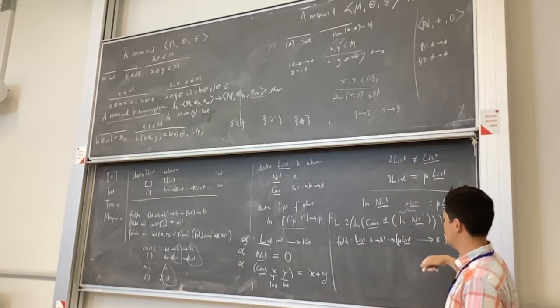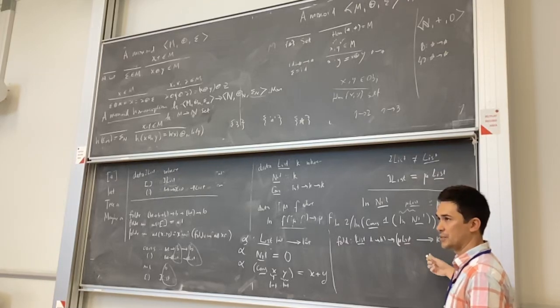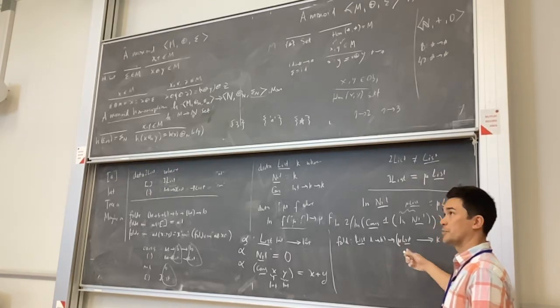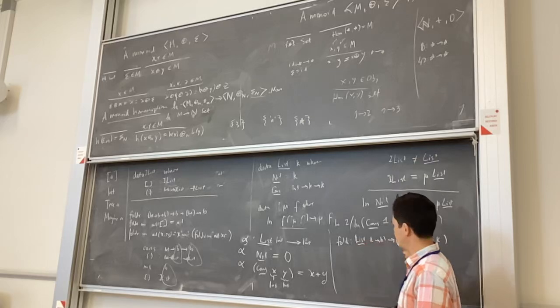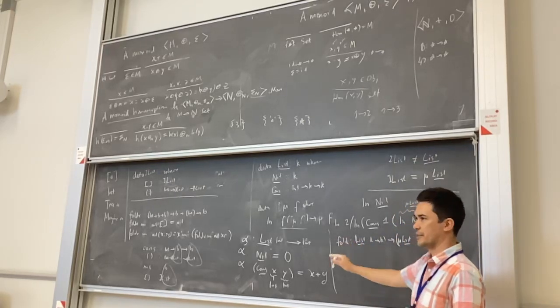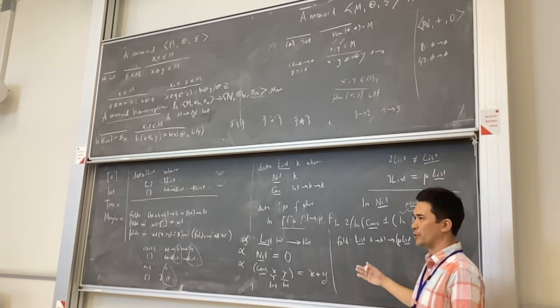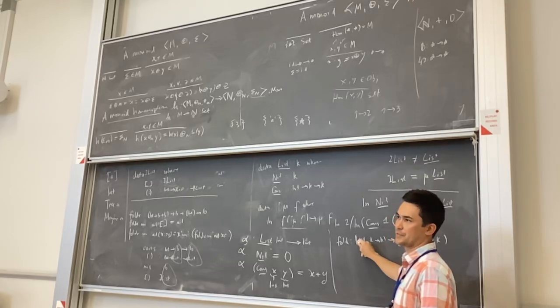And the nice thing about this definition is, I won't have time to go into it, but nothing about this definition will actually involve the list constructor per se. All of it will just be relying on the fact that this is a fold.